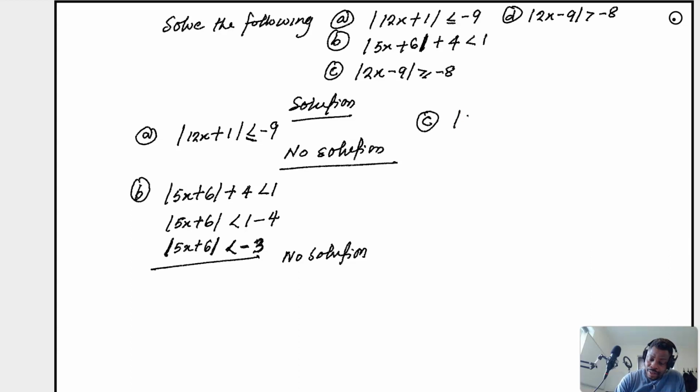Let's check C. The modulus of 2x minus 9 greater or equal to minus 8.